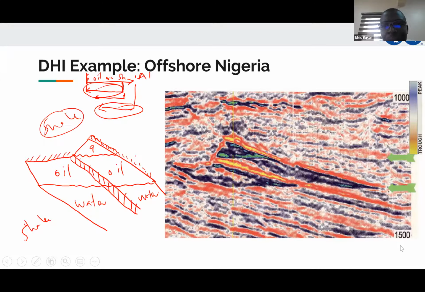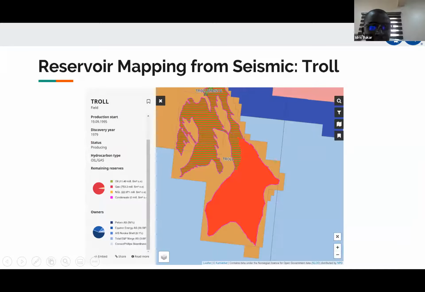So going back to the Troll field again, we just showed how you could get a vertical or cross-section view of a reservoir, a cross-sectional interpretation. And now this is a sort of mapping, okay?